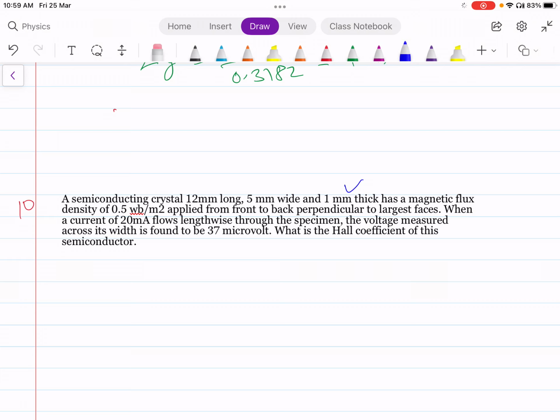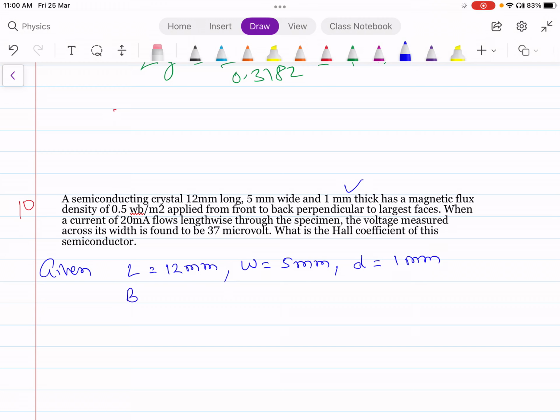Let's first write what are the given quantities here. Length of the semiconducting crystal is given, which is 12. Width is given, which is 5, and the thickness is given, let's denote it by D, is equal to 1.